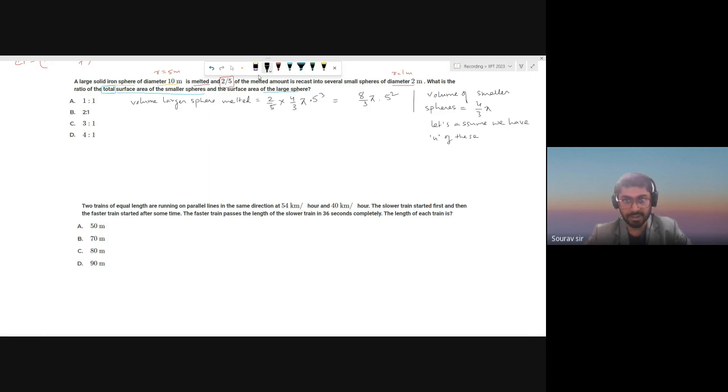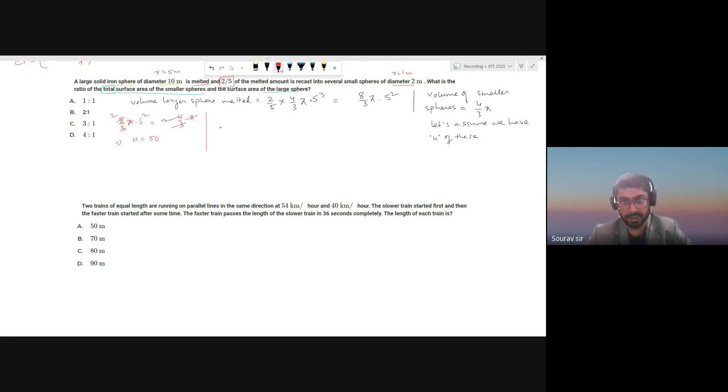So the volume should be equal. That means 8 by 3 pi into 5 square should be equal to n times 4 by 3 pi. So 3 cancels out, pi cancels out, and 4 cancels out and leaves 2. So n is 2 times 5 square. That means n equal to 50.